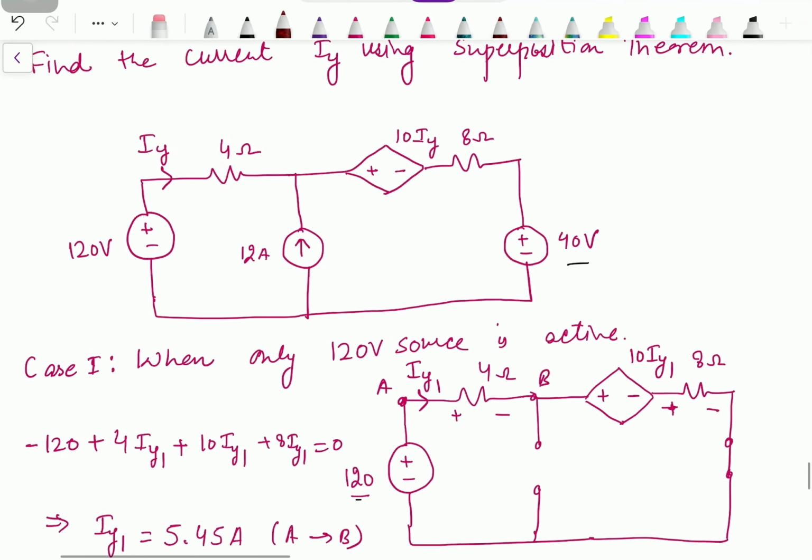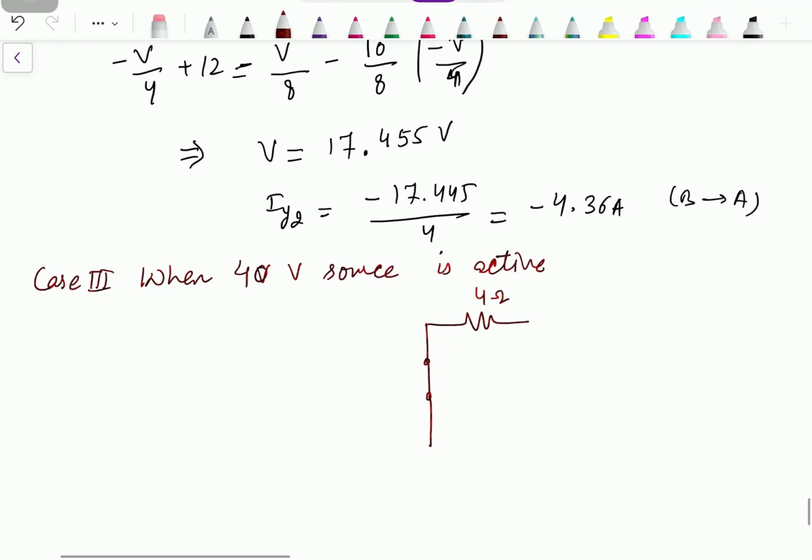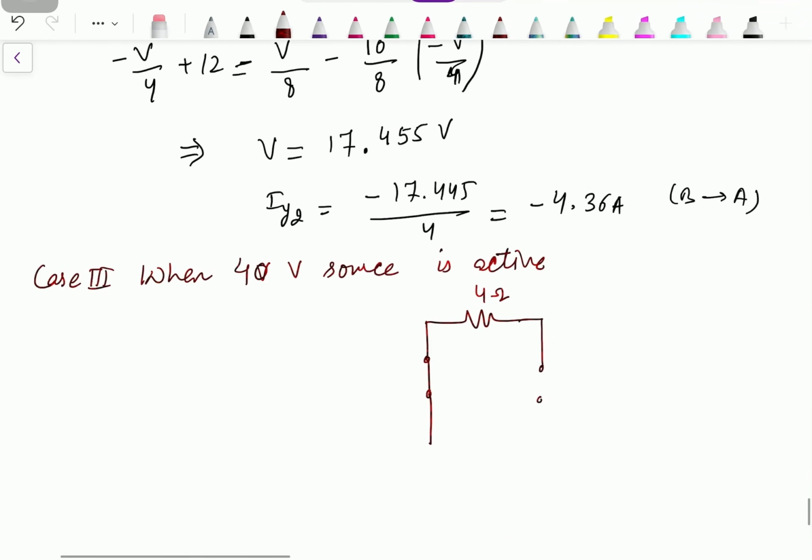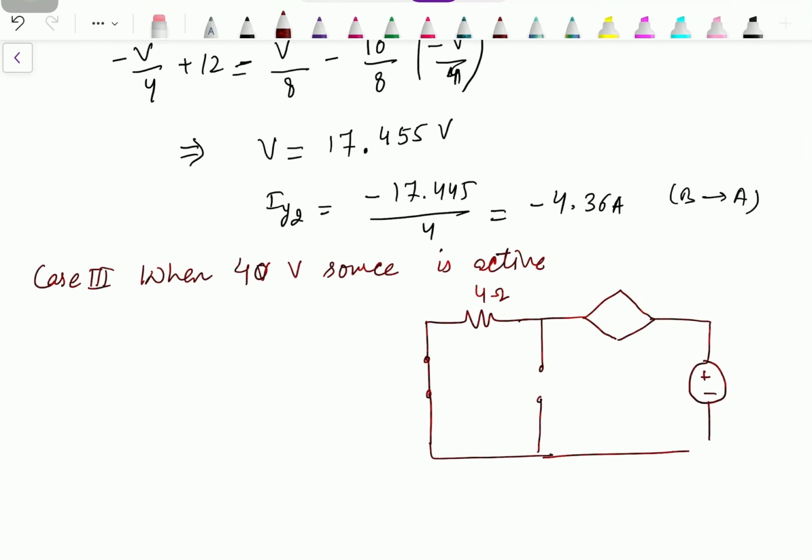Then we have the 4 ohm resistance, the current source replaced by an open circuit. Then we have the current dependent voltage source. And okay, we have one more resistance over here, the 8 ohm resistance, and the 40 volt source.